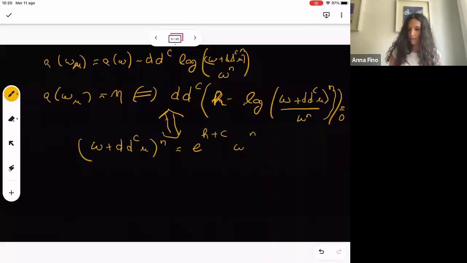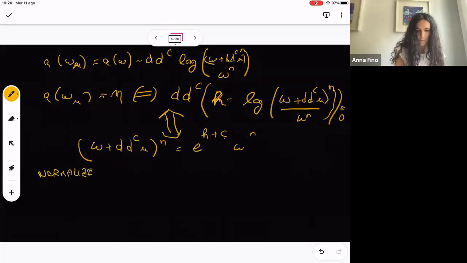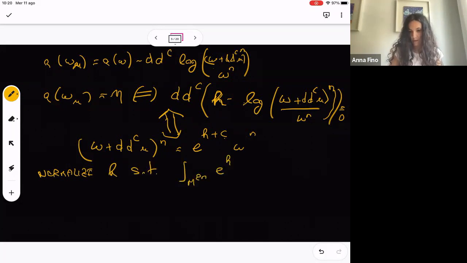Because the function here is pluriharmonic, the function that you get here is dd^c closed, so it is equal to a constant. And this is exactly the constant that appears here, the C. Then we just normalize h in such a way that the integral over M of e to the h, omega n, is equal to the integral of omega n.